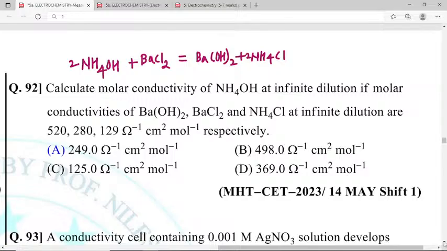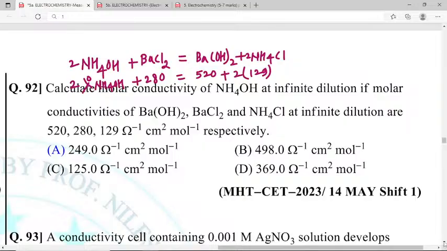So 2 times lambda naught of NH4OH plus BaCl2. What is the given BaCl2 value? BaCl2 is 280. Ba(OH)2 is 520, plus 2 times ammonium chloride, 129.